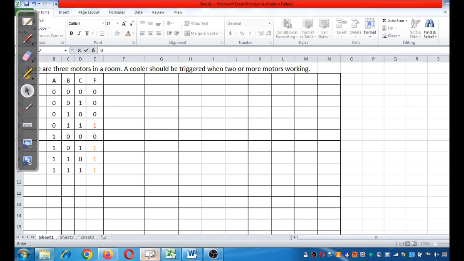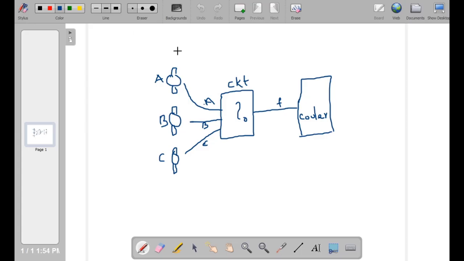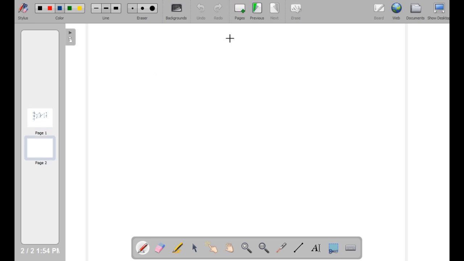Next is, from this truth table you will be constructing a Boolean function. First stage is problem to truth table.